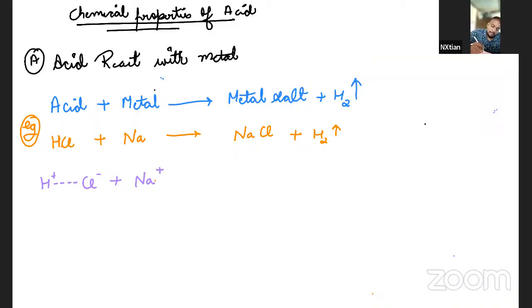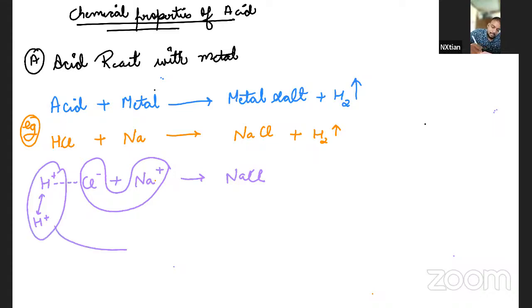So this Na will react with this Cl, making NaCl, and the H plus ions will make a covalent bond between them, making H2. Understood? So this is the reaction giving NaCl and H2.